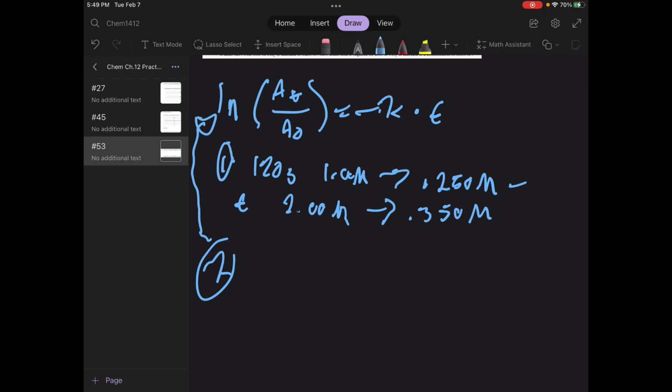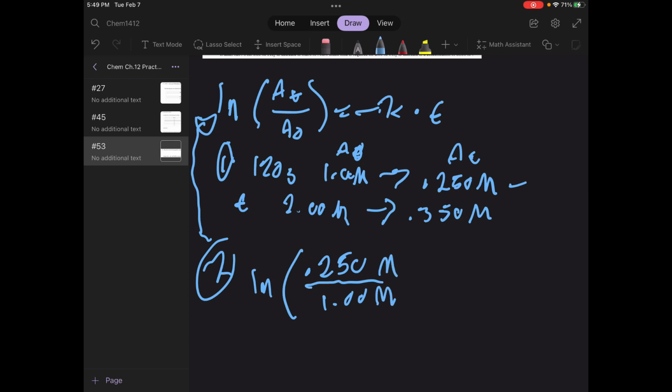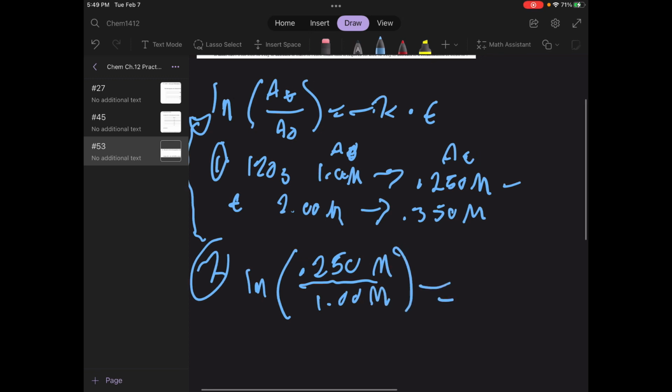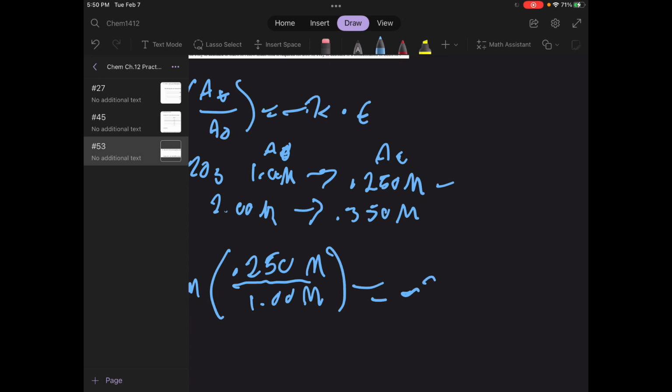So we know that the ln of our concentration after time, A_t, which is 0.250 M, over our initial, A naught, which is 1.00 M, is equal to negative k times time.